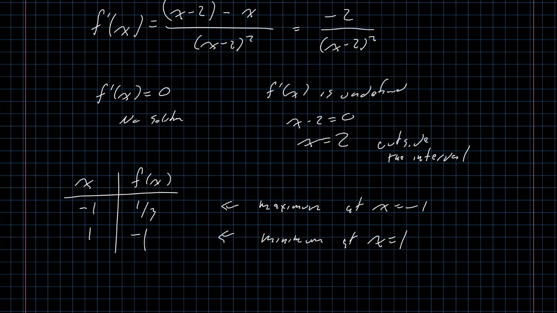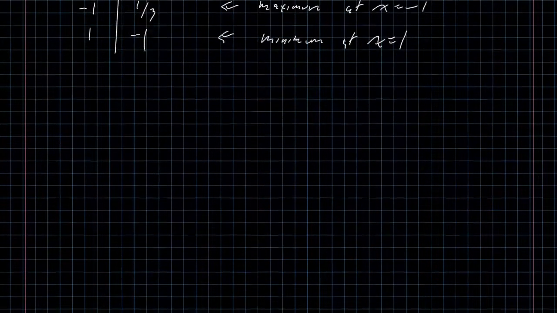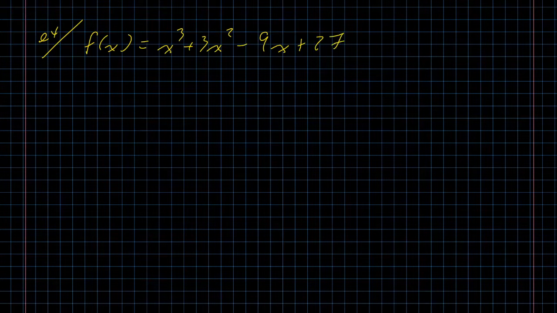All right, let's take a look at one more. This time, let's take a look at f of x is x cubed plus 3x squared minus 9x plus 27 on the interval from negative 5 to 5.